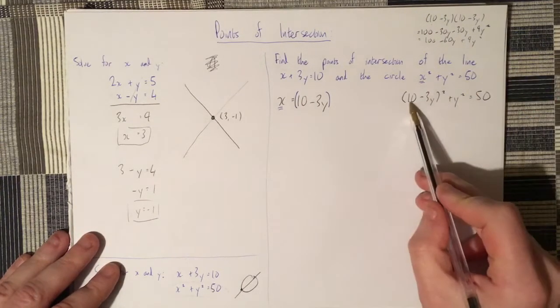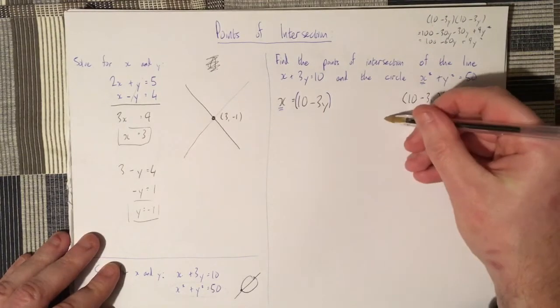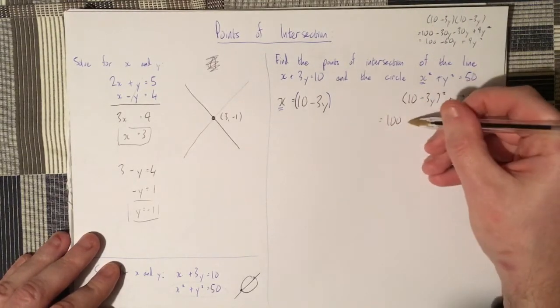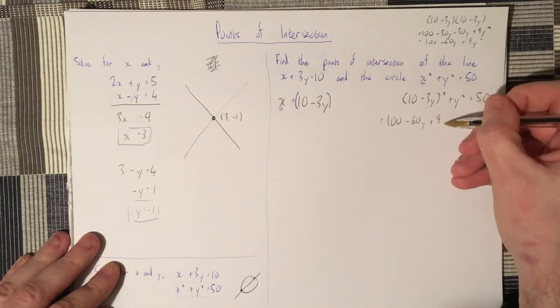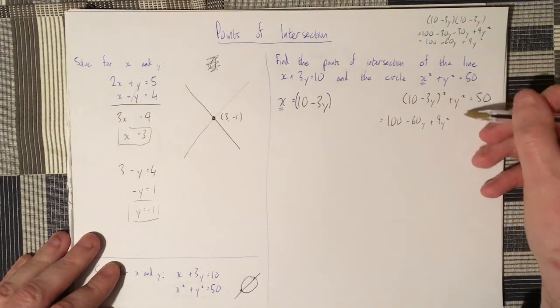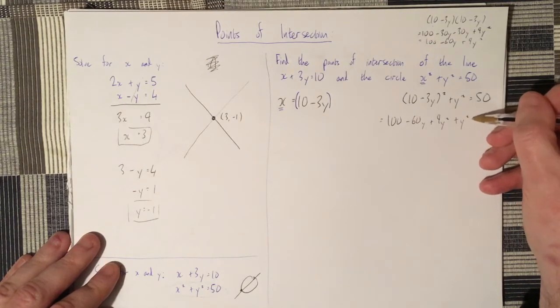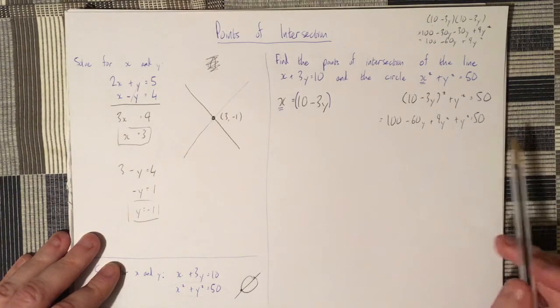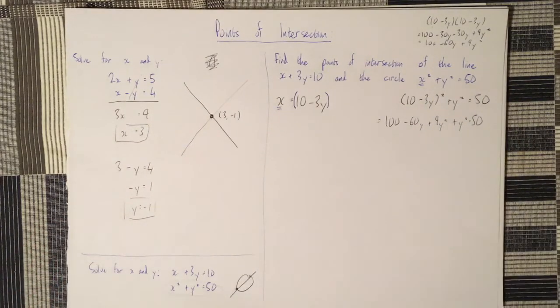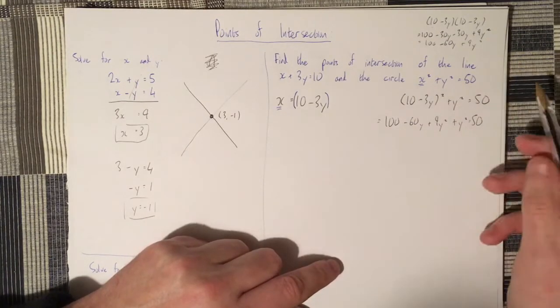All right, so this squared is equal to 100 minus 60y plus 9y squared plus the 9y squared I already had equals 50. So now I've y squared, y's and numbers, so I got everything over to one side equal to 0.